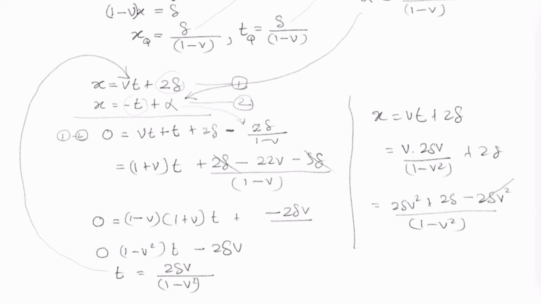The 2 delta v squared cancels and x equals 2 delta over 1 minus v squared. So at the point R, x_R is 2 delta over 1 minus v squared and t_R is 2 delta v over 1 minus v squared.